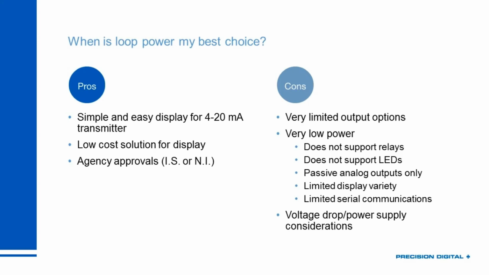You need to have a power supply that can support all the loop-powered devices in your 4 to 20 milliamp loop. So if you only have a 9-volt supply available to run your 4 to 20 loop, or your active 4 to 20 out only drives 12 volts, you may not have enough voltage available to run all your devices as loop power.